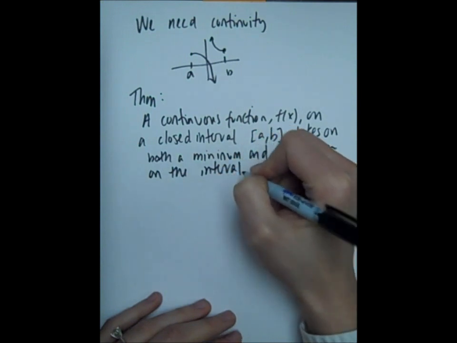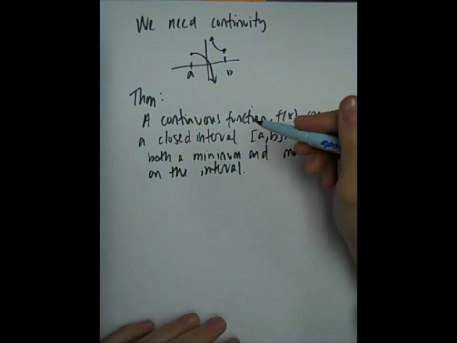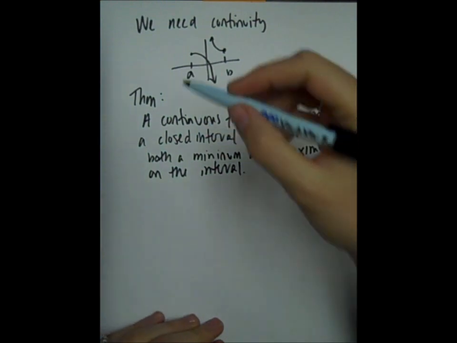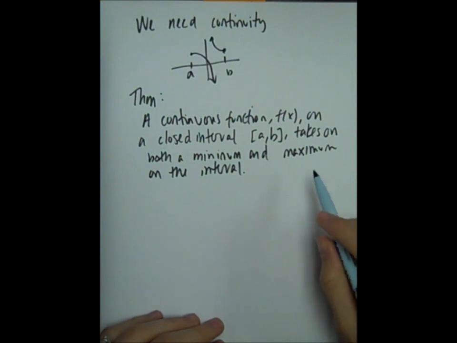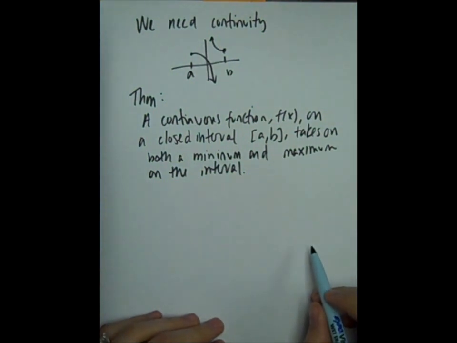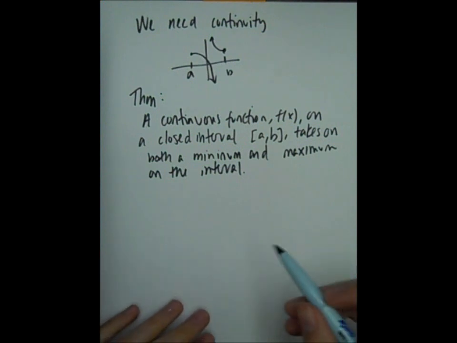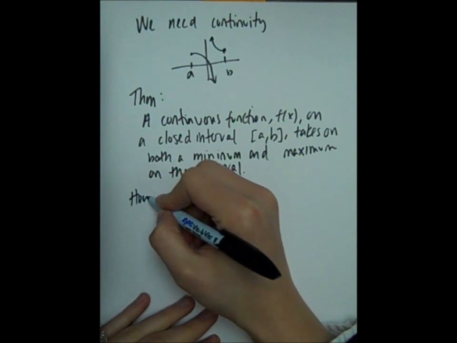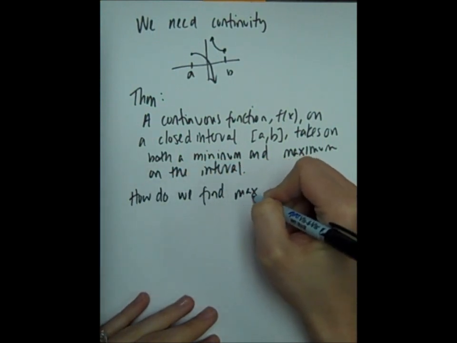So a continuous function on a closed and bounded interval, so a closed interval from a to b. Now it's important that it's closed, because if it's not closed, you could have something happening like we had up here in the picture. So we need it to be closed. It takes on an absolute maximum and minimum. So if that's true, we can find the absolute max and min. Now how do we find it? So how do we find the max and min?